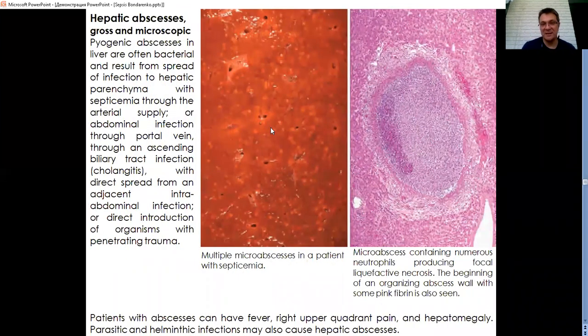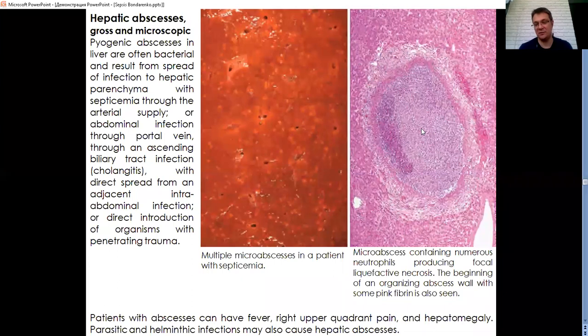Again, micro abscesses may be found in such organs as the hepatic tissue in the liver. You see the many microabscesses in the liver, and microscopically you see the cluster of the neutrophils surrounded with the newly formed connective tissue.